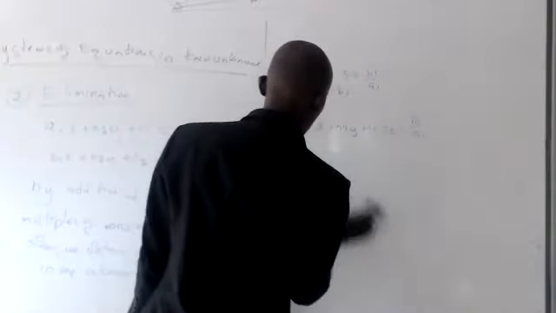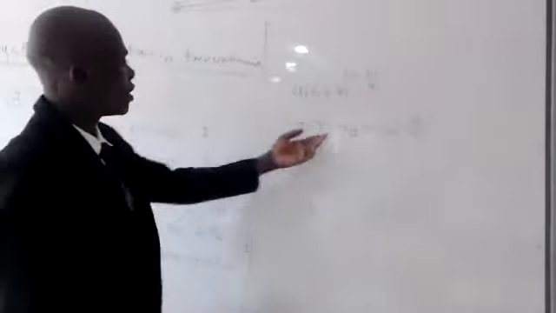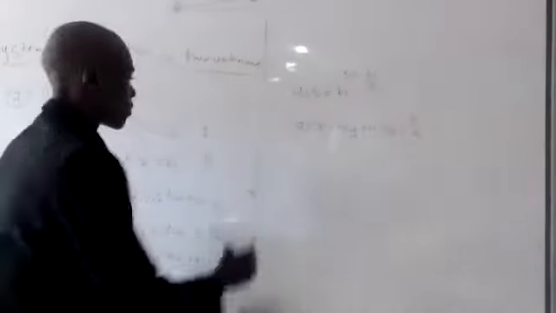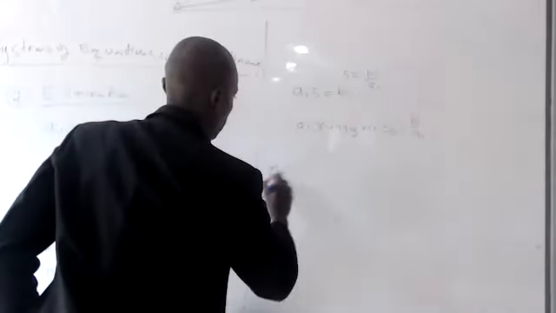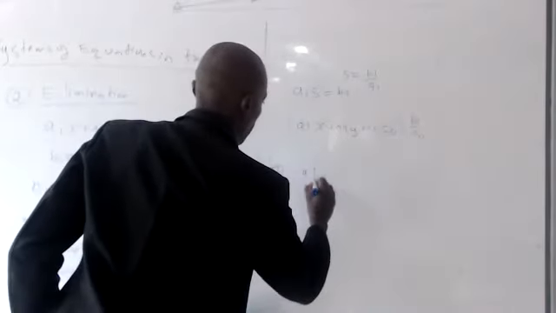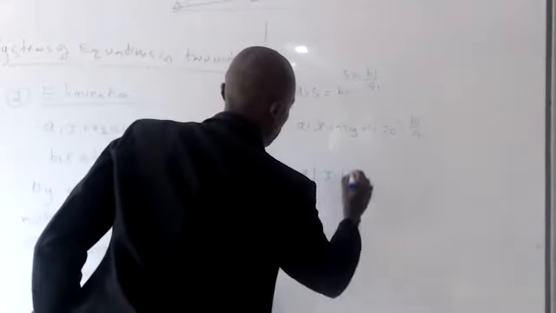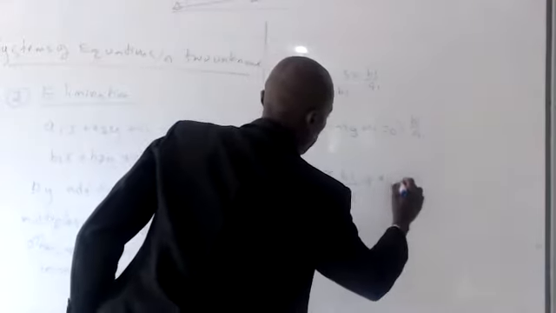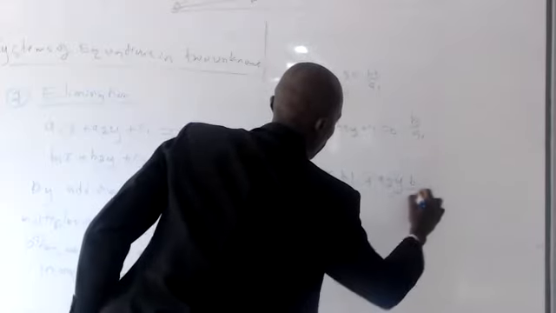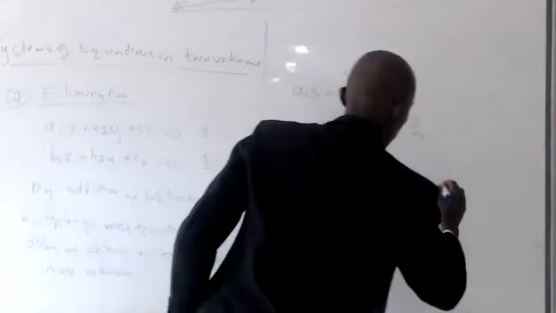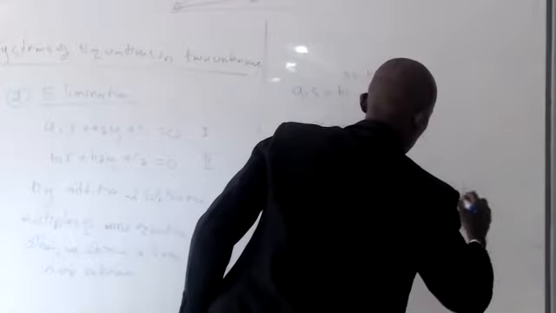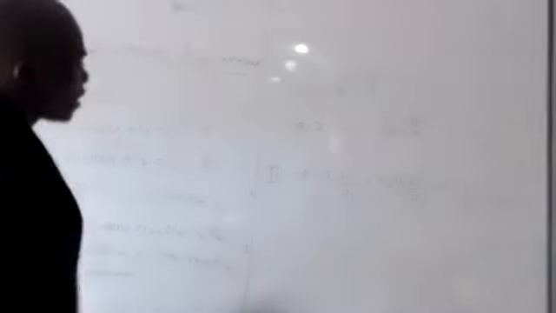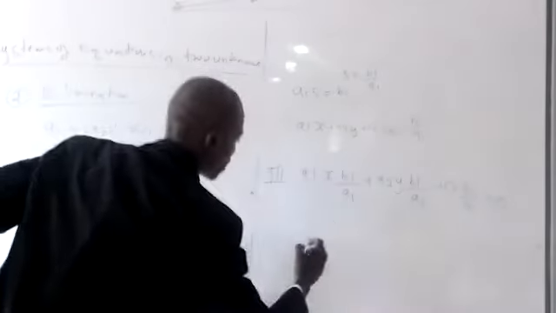Okay. So what I'm doing is simply opening the brackets, multiplying this equation by b1 divided by a1. So I'm looking for a third equation. a1 times x times b1 divided by a1 plus a2y times b1 divided by a1 plus c1 times b1 divided by a1 is 0. If you simplify this, a1 and a1 cancel each other.